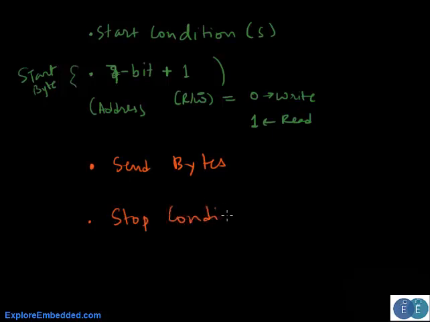The stop condition is the P. Now we have left out various points here, but these are good enough if you want to work with an I2C device which has a 7-bit address and transfers 1 byte at a time. There are even devices with 10-bit address lines, and there is one more thing that we missed out. Whenever we send a byte of data, there are two more conditions that we need to discuss.